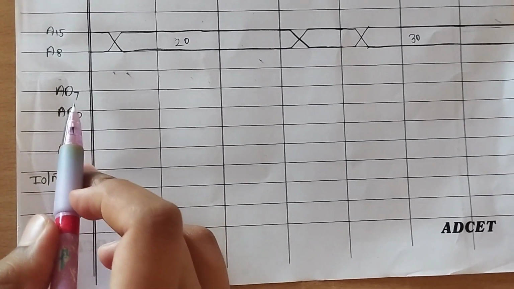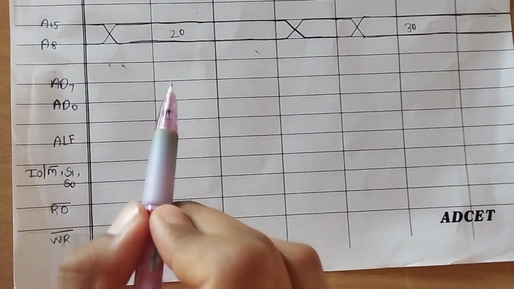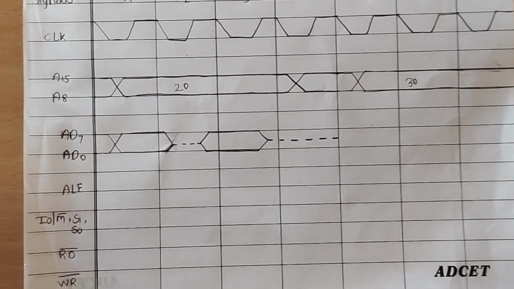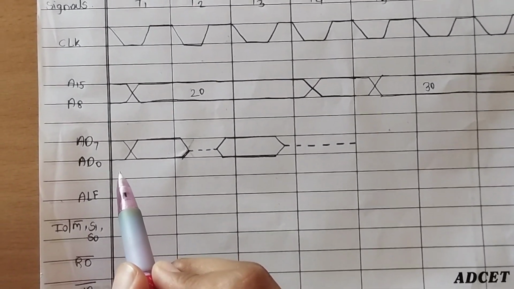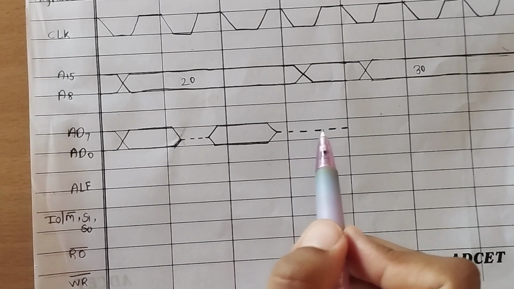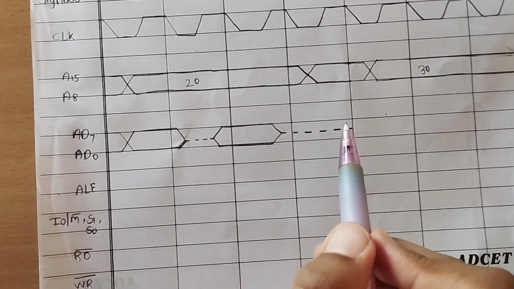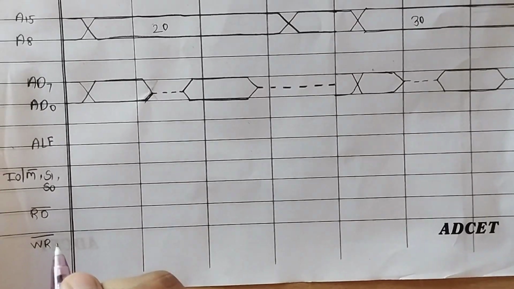Now we draw the AD7 to AD0 address and data bus. In this way we draw AD7 to AD0 for the opcode fetch and next we draw AD7 to AD0 for the memory read machine cycle.